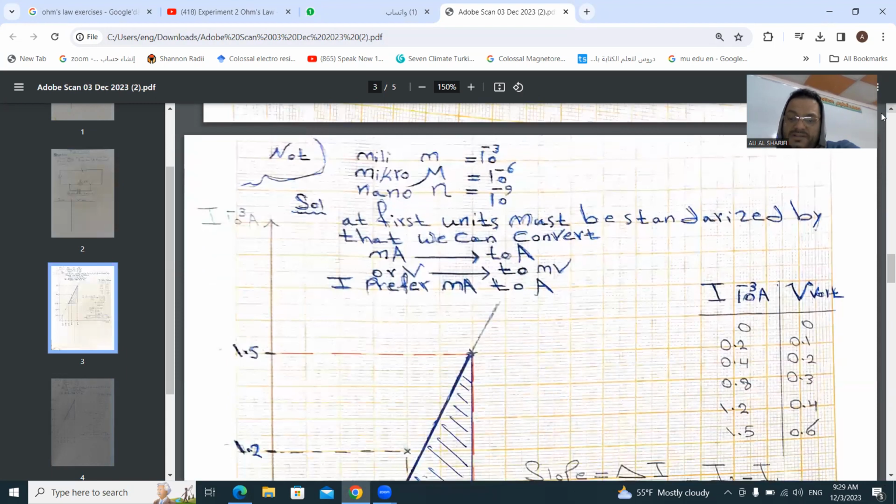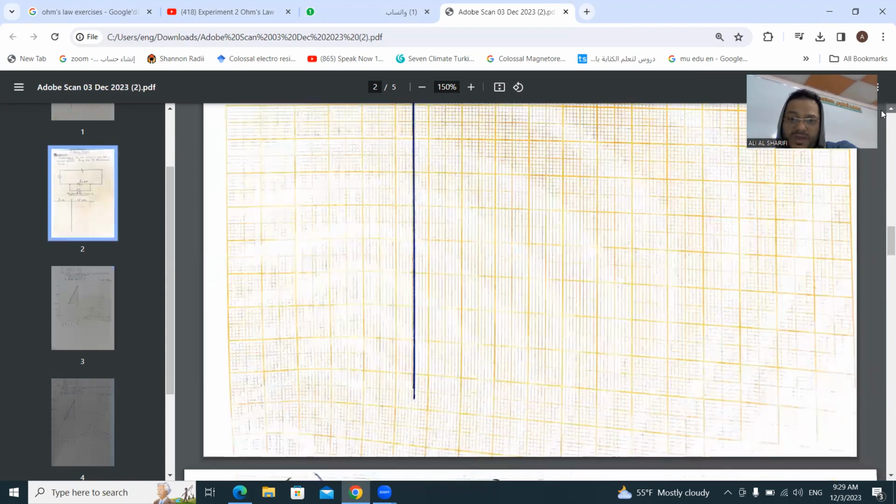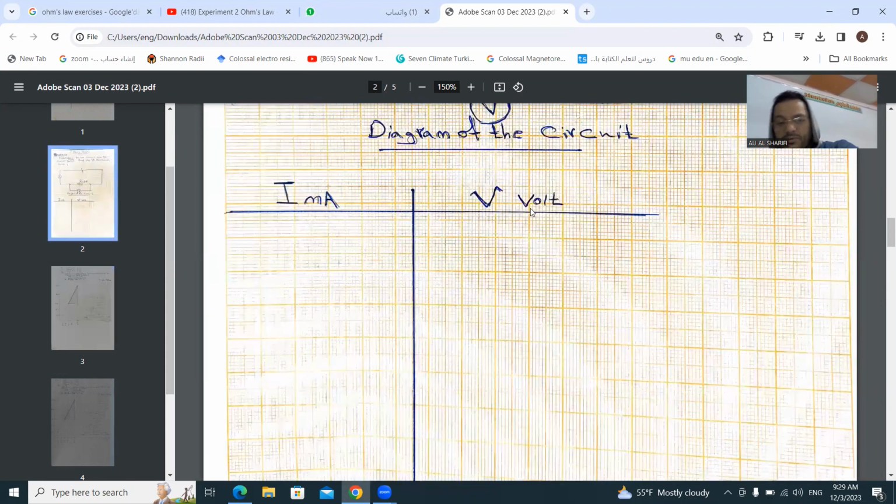Here, at first, let me say, approximately, in the exam paper, one of the units will be volt or ampere, and the other will be milli, okay?